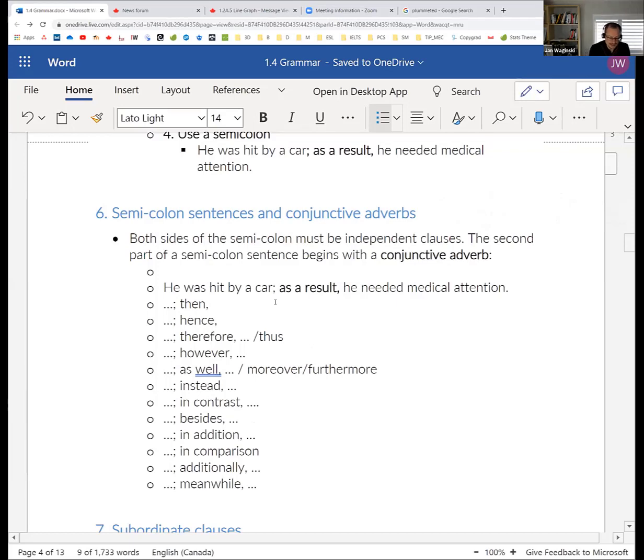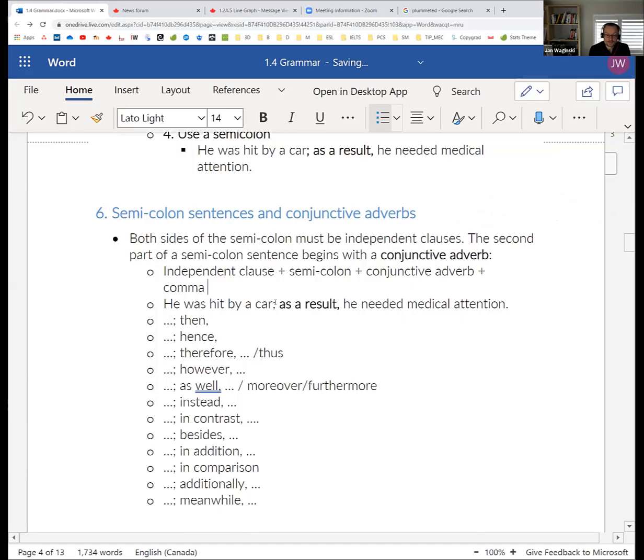Okay, so you've got to have an independent clause plus semicolon plus conjunctive adverb plus comma plus another independent clause. Most common mistake in this is that one of these is not an independent clause. And then you end up with a fragment on one side.